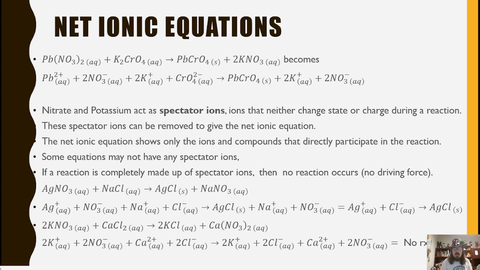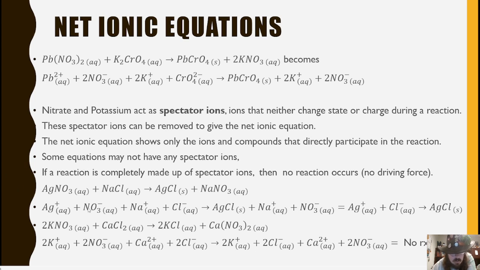But if they're allowed to swap back and forth, back and forth, no reaction is actually taking place. So I have two examples here. Silver nitrate aqueous, sodium chloride aqueous goes to silver chloride solid and sodium nitrate aqueous.